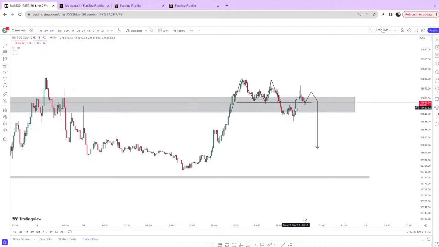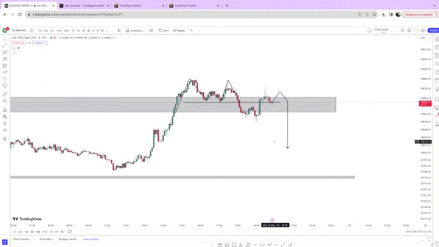So we'll take a trade on the bearish side if it forms something like this and gives a good entry signal. One scenario is this.